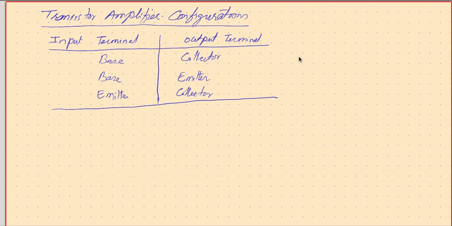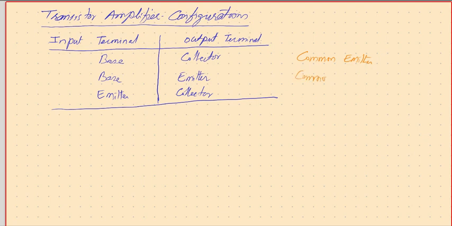So this configuration we call common emitter, because input is at base and output is at collector. If input is at base and output is at emitter, then what is common?